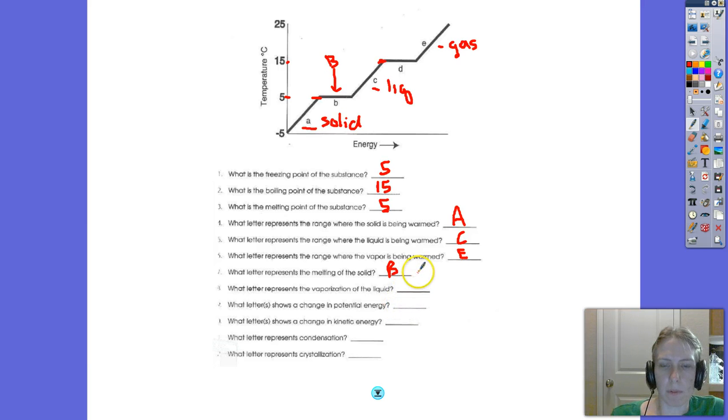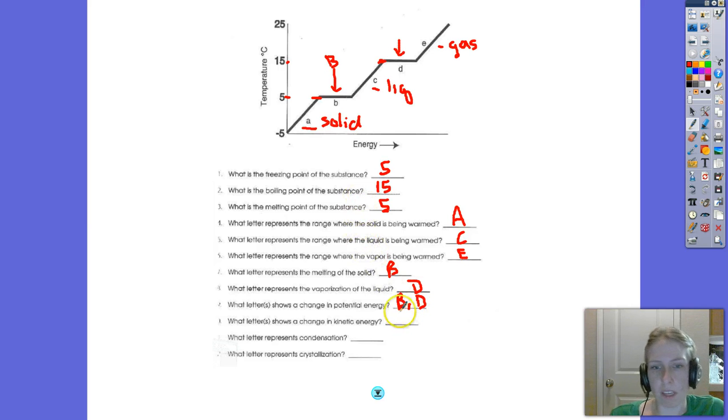What represents vaporization of the liquid? It's going to be our D right there, because that's where we're going to have our liquid and our gas phases. What letter shows a change in potential energy? So we actually have B and D, because you're storing up energy, you're adding energy, but nothing's happening with it.